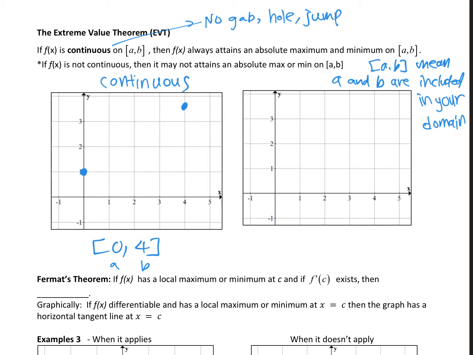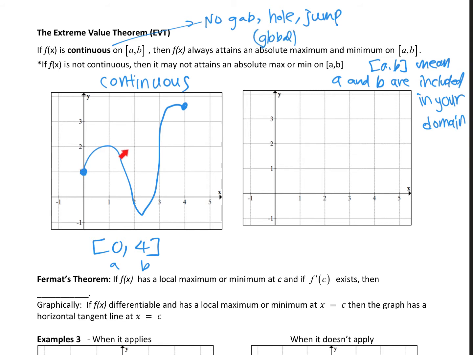Because it's a continuous function, whatever graph I draw, I have to connect it, no gap, hole, or jump. So maybe something like this. I don't know, I just made it up. Okay. So if that's the case, then it says if it's continuous, it always has to have an absolute max and absolute min, or global max and global min. Here, let me say global.